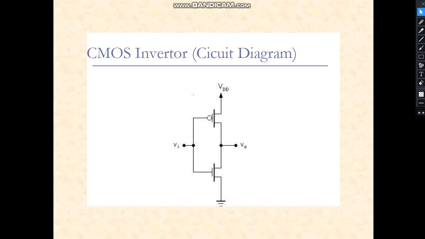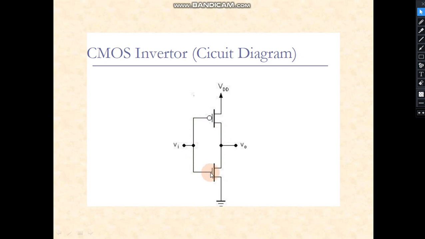We all know the basic structure of the CMOS inverter. We have discussed it so many times. The upper part is basically the PMOS, the ring behind the gate is basically used for PMOS. The lower portion MOSFET is NMOS.